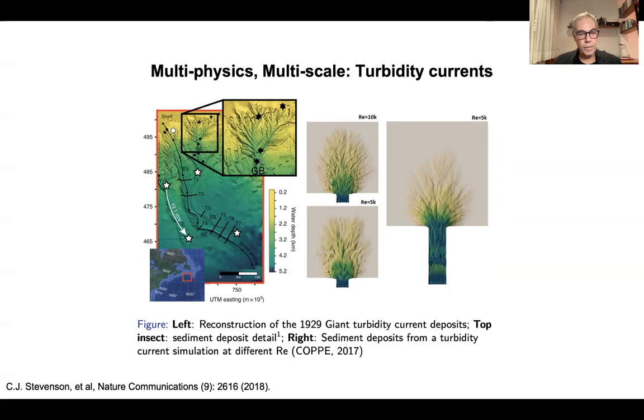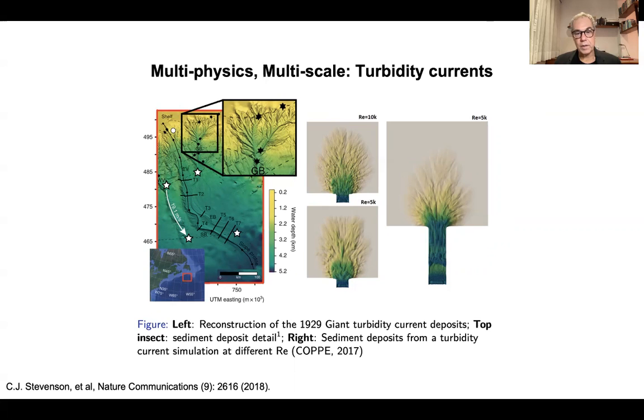You can see the detail of the sediments carried over, let's say, hundreds of kilometers at a velocity of around 20 meters per second. And you see this marvelous and complex fingering, which represents the different deposits over the years.